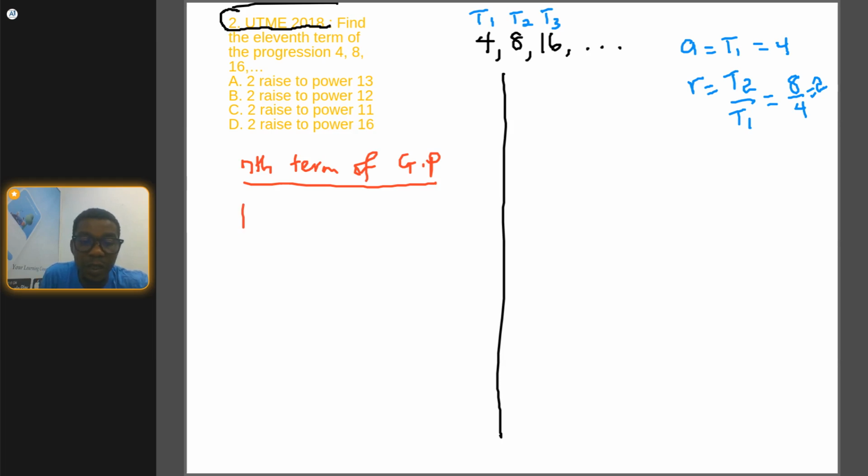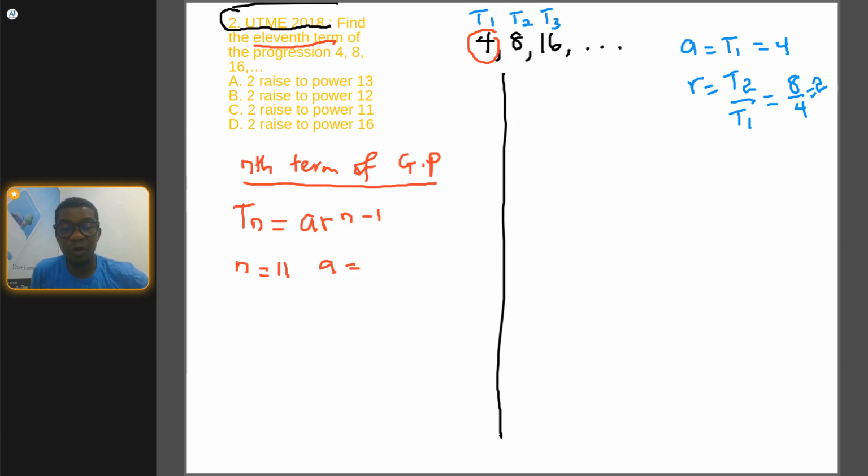The general formula is Tn equals AR^(n-1). So in this question, n equals 11. A equals the first term, which is 4.